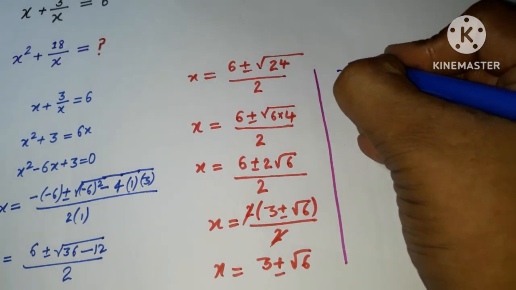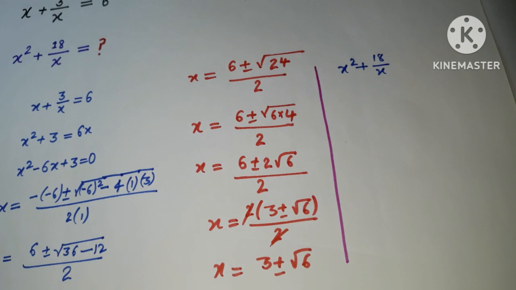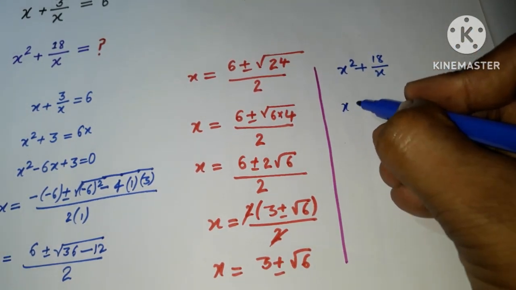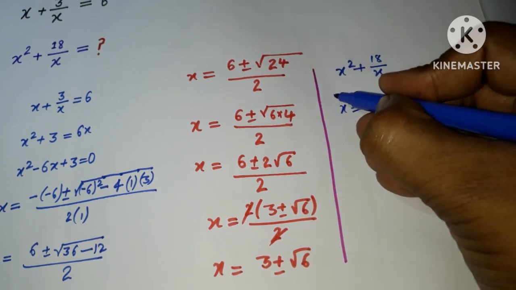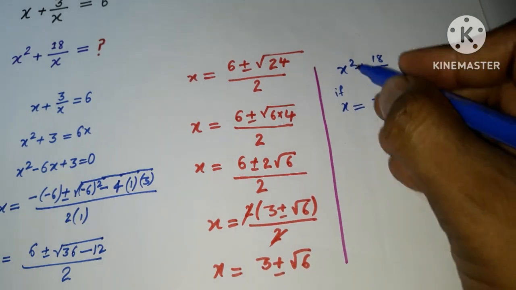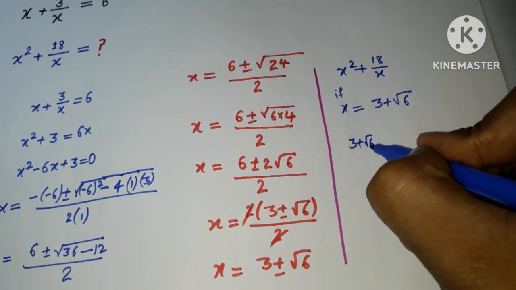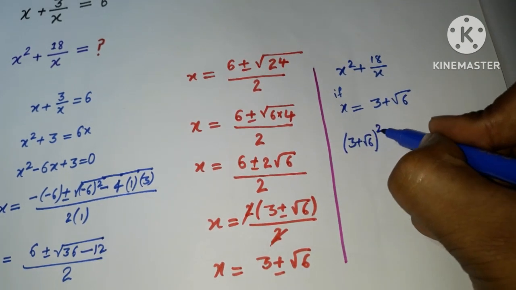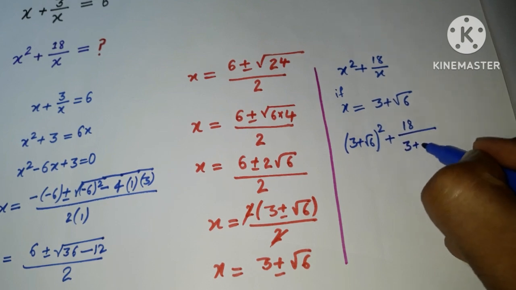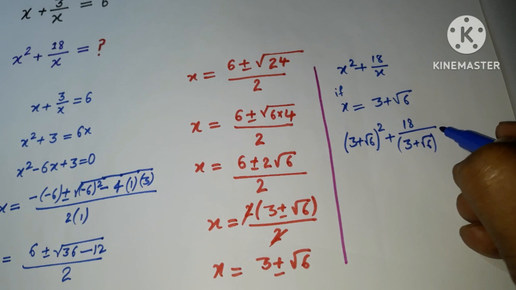Here I have x square plus 18 upon x. First of all I will put all the positive values here. So suppose x is equal to 3 plus root under 6, so I'm just going to put here 3 plus root under 6 square plus 18, and this x is 3 plus root under 6.